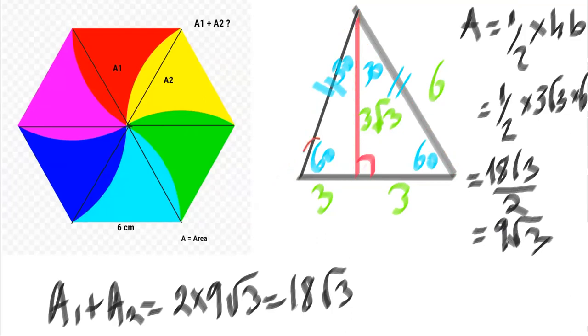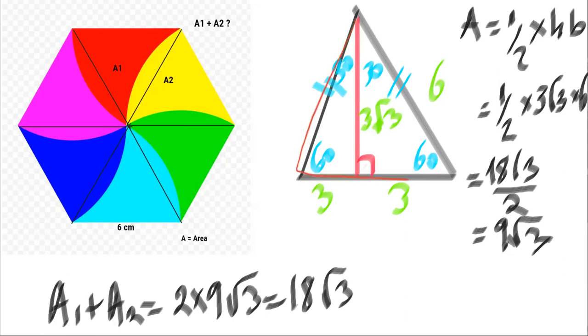This divides in the middle. The angles are 60, 60. These are 30, 30. So we have this special right triangle. If one side is 6, for the 30 degree angle the opposite side is half of the hypotenuse, and this is 3 root 3 times this, so 3 root 3, as you see here.